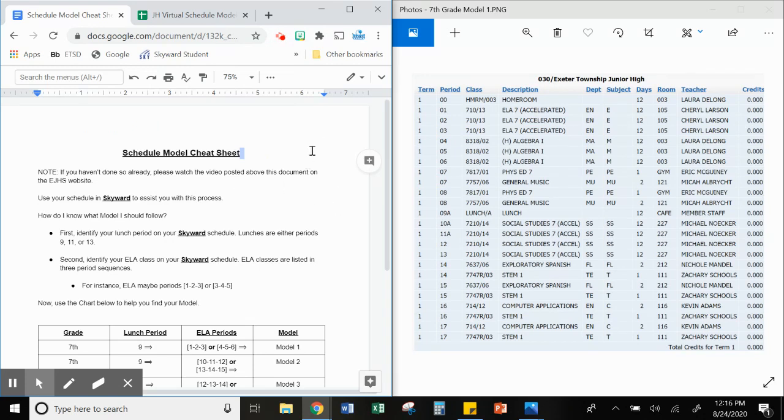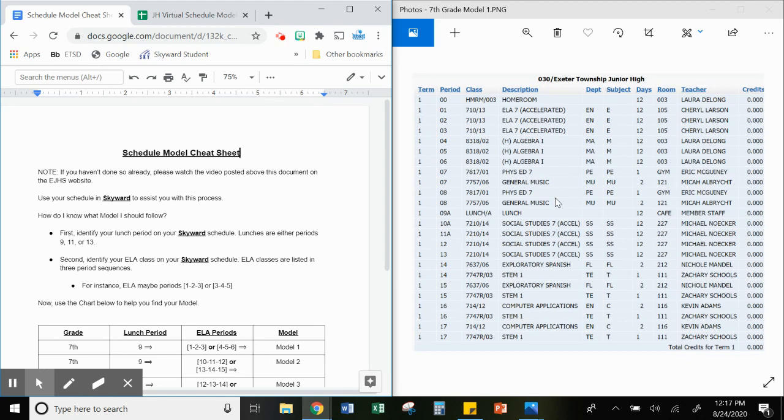To get started with determining what model you will be in for this upcoming school year, the first thing I would ask you to have out is, if you look on the right-hand side of my screen, this is an example of a Skyward schedule. So you're going to want to have your Skyward schedule in front of you, not Schoology, Skyward. Skyward is where you will find the period by period sequence that you're going to need to use to help figure out what model you are going to follow.